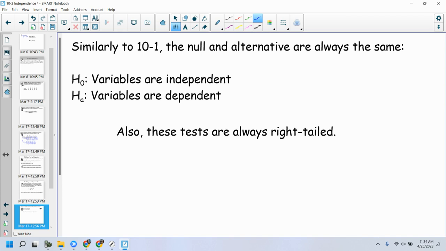It was kind of easy to figure out the null and alternative for the goodness of fit test because, remember, the equality was the null. The distribution is as shown, the distribution is equal, was my null. Here, I kind of feel like these are backward, because if they are dependent, don't you think they are equal?